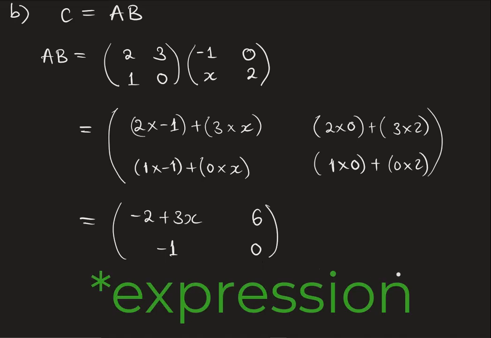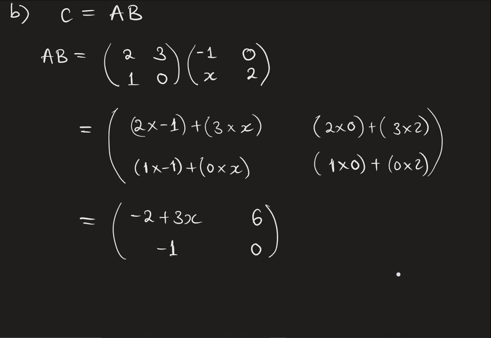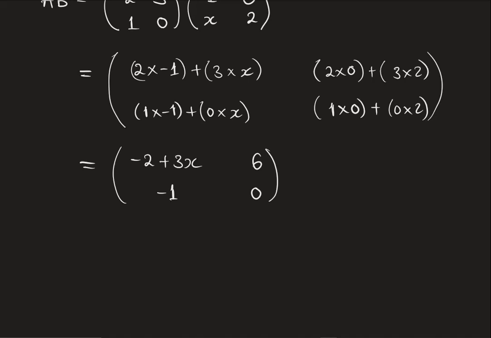So at this stage, we can now use the relationship that we know. C is supposed to be equal to this matrix here. If you are very observant, you notice this matrix is only different in this position. The 6, the 0, and the -1 have already matched with C. Let's answer the last part.